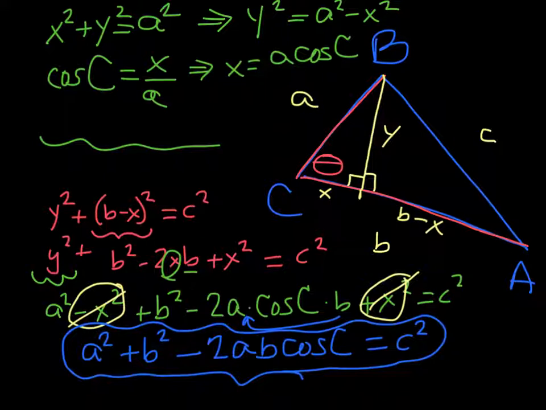It doesn't have to be C, it could be A. If I was trying to find side a, I would need to know angle A, and then I would need to know the other two sides. So there is the derivation of the law of cosines.